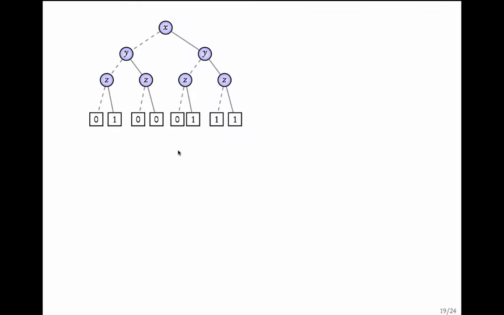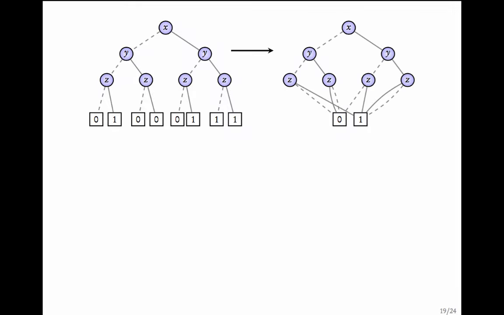Look at this binary decision tree. Let's see if we can make it smaller. First step, reduce all zeros to one leaf 0 and all ones to one leaf 1. Just keep one leaf 0 and one leaf 1. Now this z, its 0 child goes to 0 and its right, the 1 child goes to 1.